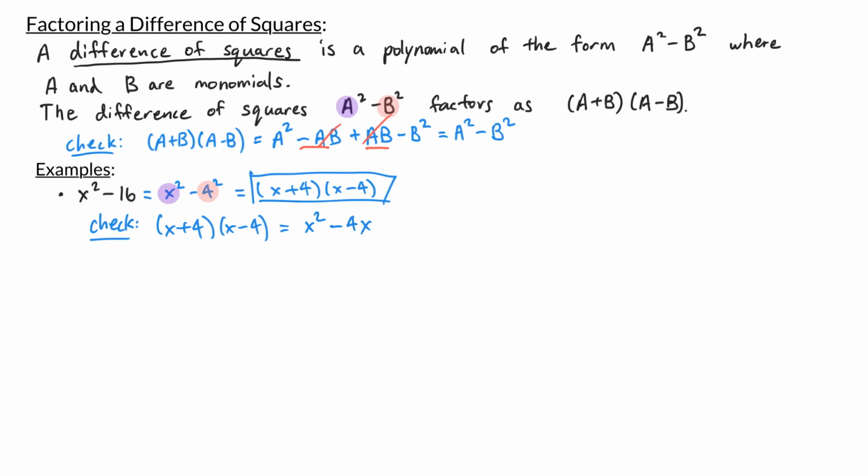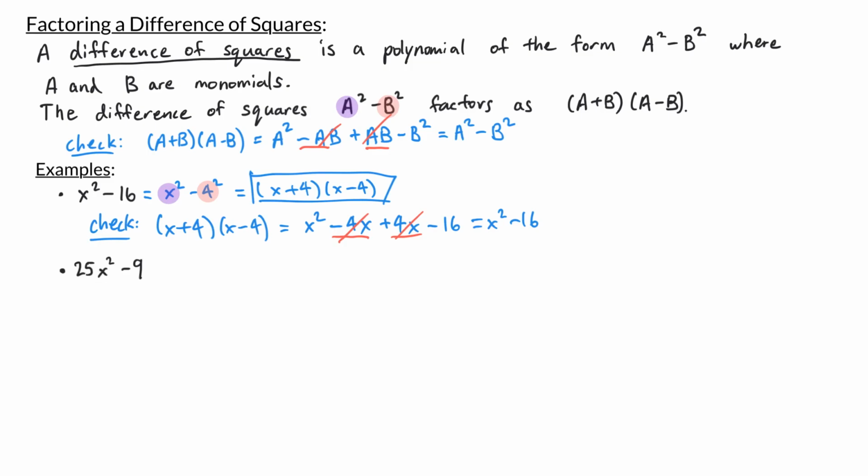The inner terms are 4 and x, so their product is positive 4x. And then our last terms, 4 and negative 4, gives me negative 16. Again, the negative 4x and the positive 4x will cancel out, leaving me with x squared minus 16, which is our original polynomial. So we see that this factorization is correct.